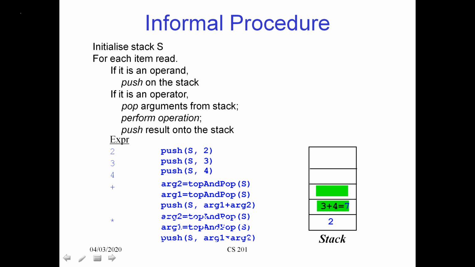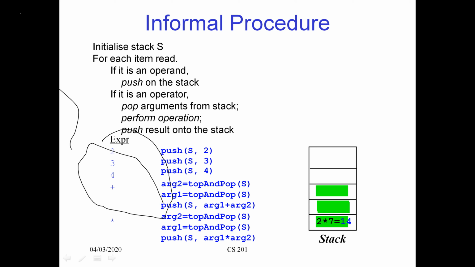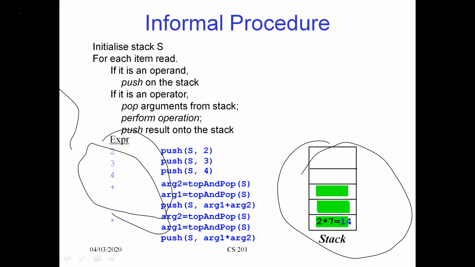Finally the last is the multiply, so you multiply them, and finally the stack contains the result, which is 14. So you understand how we evaluate a postfix expression. On this side you have a postfix expression, and we are evaluating it using a stack. This is something very important for the final. Keep this in mind, okay?